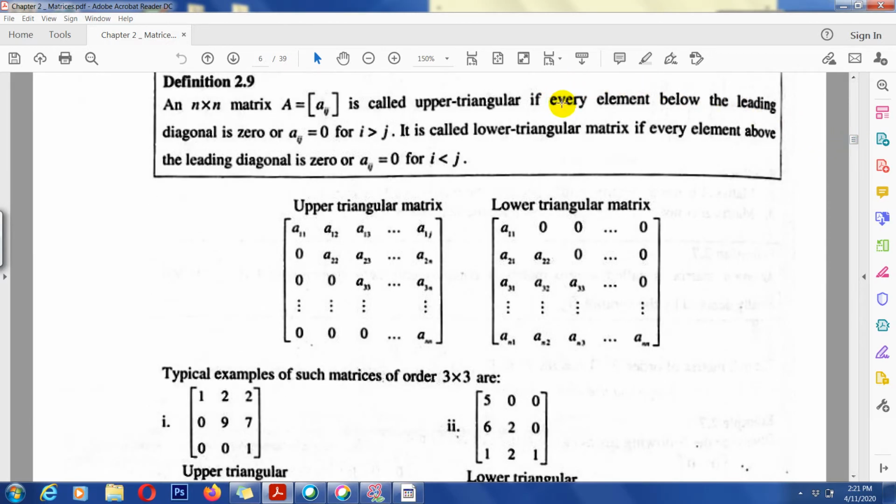Now, the triangular matrices. If every element below the leading diagonal, meaning the elements under the diagonal, is equal to 0 for i greater than j, it is called a triangular matrix; likewise when every element above the leading diagonal is 0.